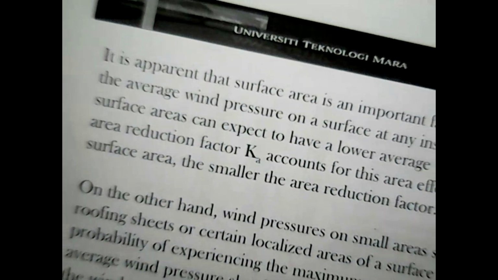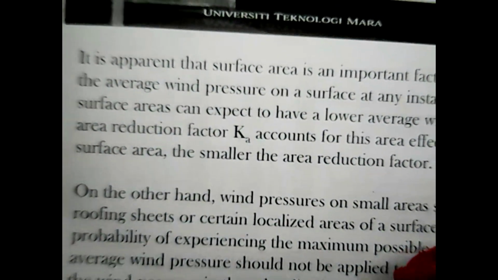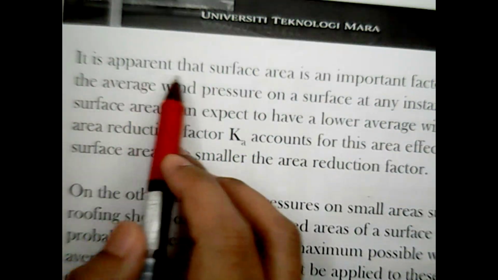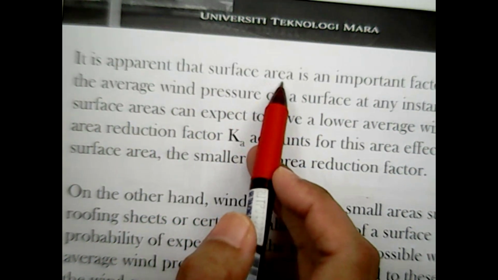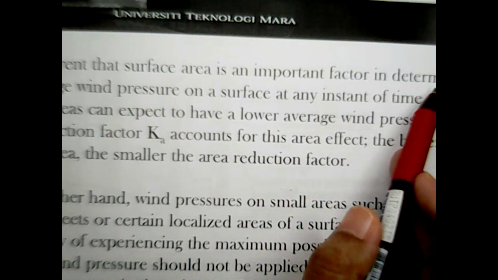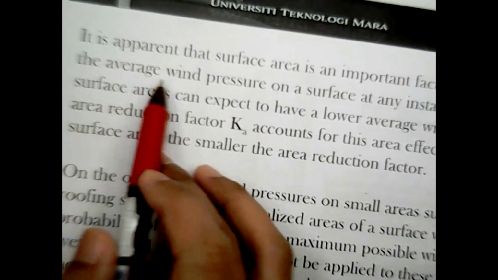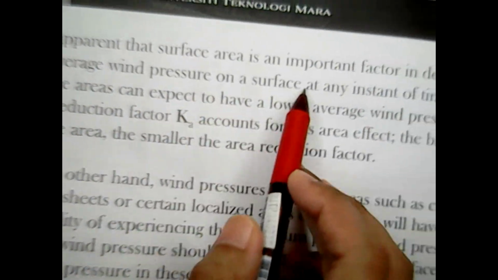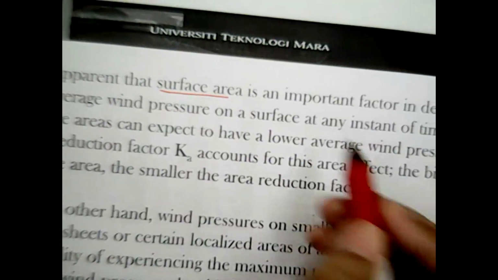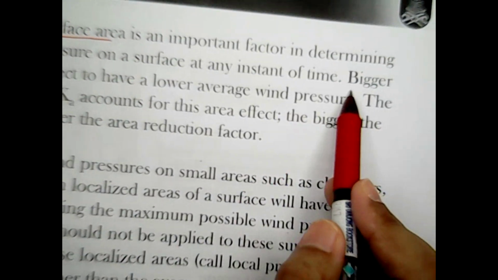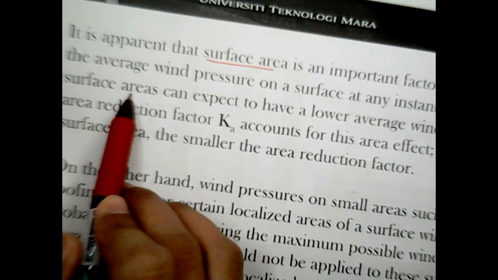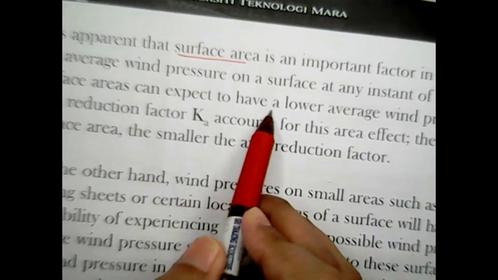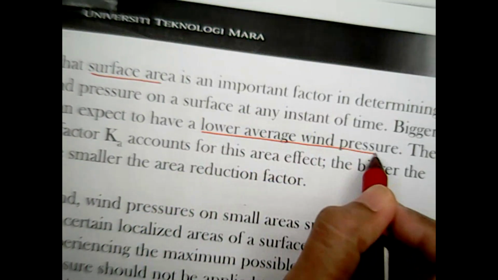Therefore, if you look here in our notes, it is apparent that surface area is an important factor in determining the average wind pressure on a surface at any instance of time. So surface area is very important. Bigger surface areas can expect to have a lower average wind pressure.